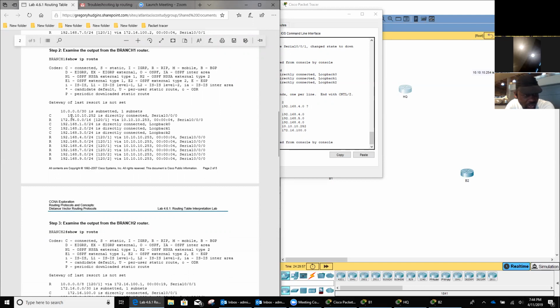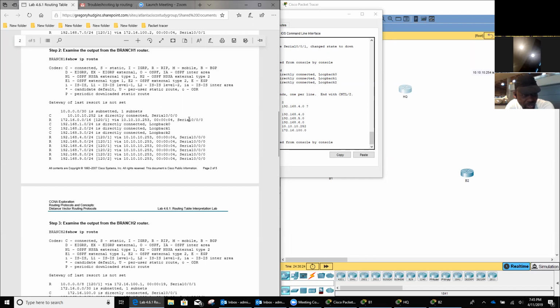It'll be 10.10.10.252. Does that look familiar? That was the serial interface 0/0/0 of the headquarters router. Yep. Remember you asked before how do you know which one goes to your 0/0/0? That one goes to your 0/0/0.